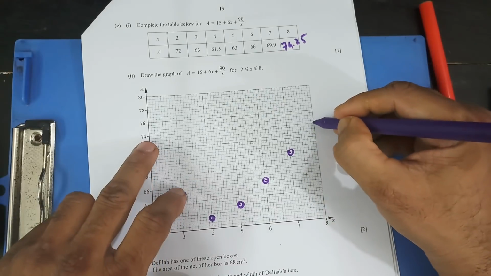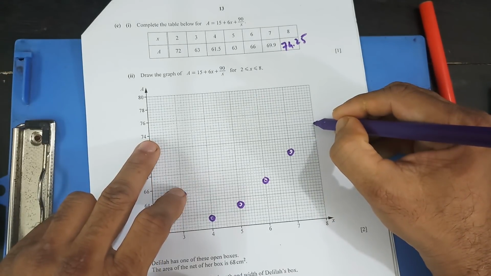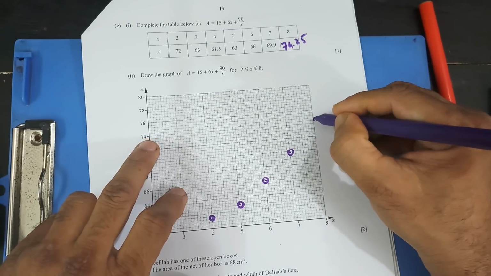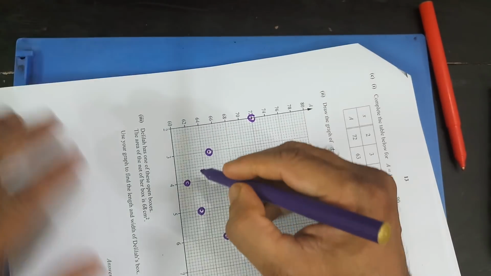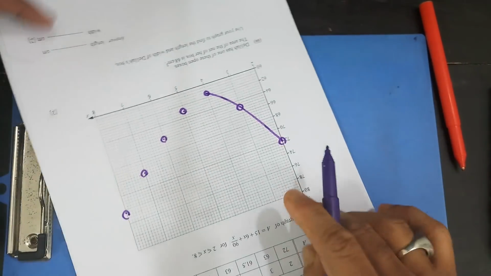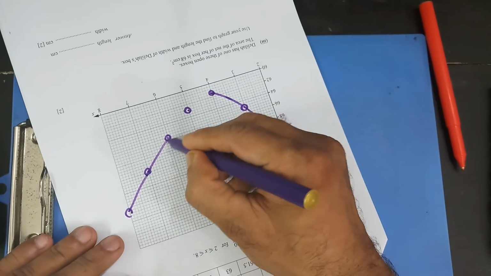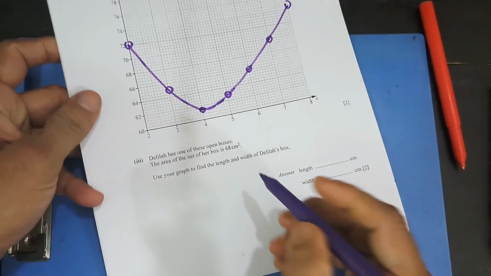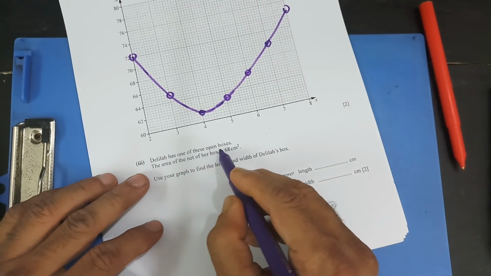And 8 is going to be 74.25, somewhere over here. Now I need to draw this. It's going to be like this, and this is going to look something like this. So this is my graph.